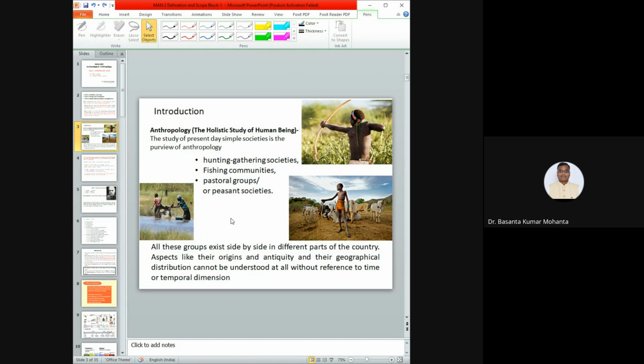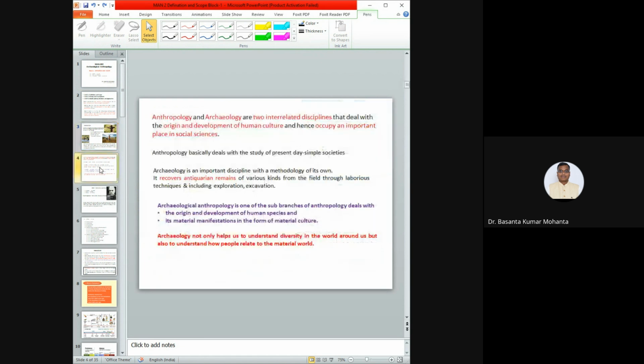They are distributed in different geographical areas, and they also live close to their surrounding natural environment. So when we are discussing anthropology and archaeology, we see a very close relationship among them.